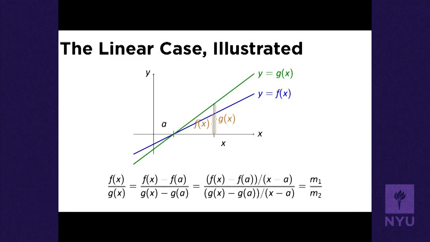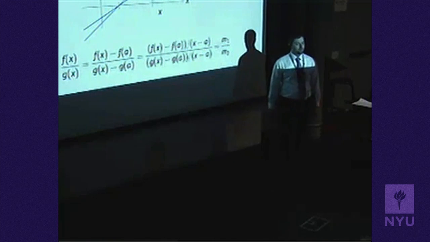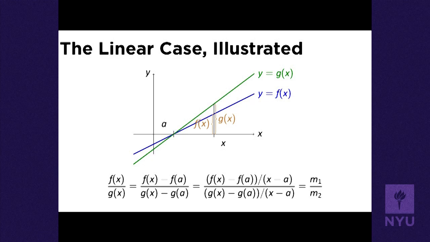Unfortunately, that's not true. So, oh yes, here's a nice little picture. F of x over g of x, you can subtract f of a. You get f of x minus f of a over g of x minus g of a divided by x minus a, and you get the ratio of the slopes.